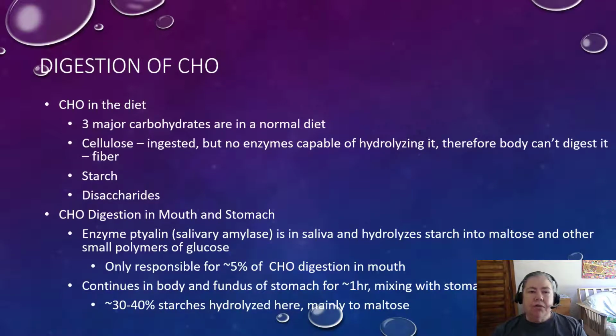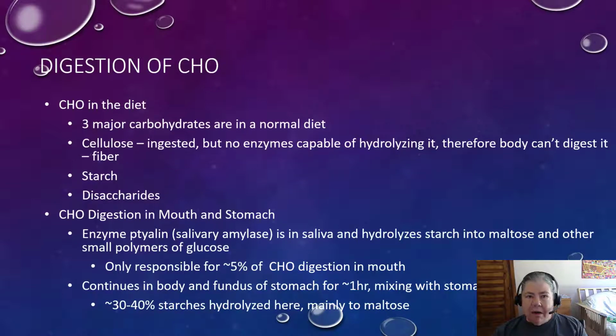So there are 3 kinds of carbohydrate in the typical diet. The one that is probably ingested in the largest quantity is cellulose, and cellulose is not something that we have the enzymes to digest, and therefore it ends up passing through the gastrointestinal system and being eliminated with feces. It's fiber.